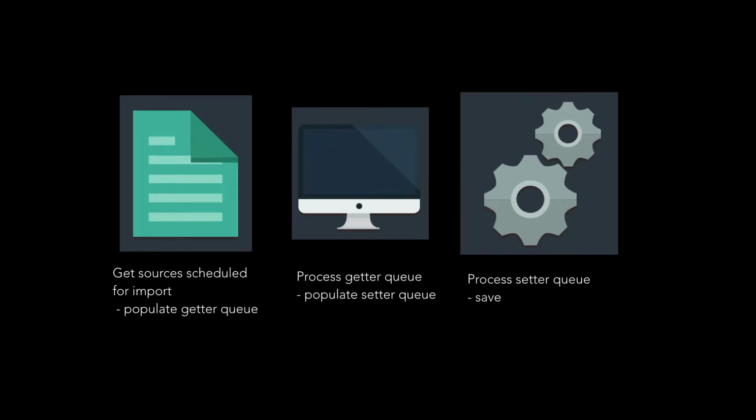And then the getter queue will break it down when it's processing into line by line records. So let's say you have 500 rows in your blob. You will break it down and store them as items in a save queue. So you'll have 500 save queue items.